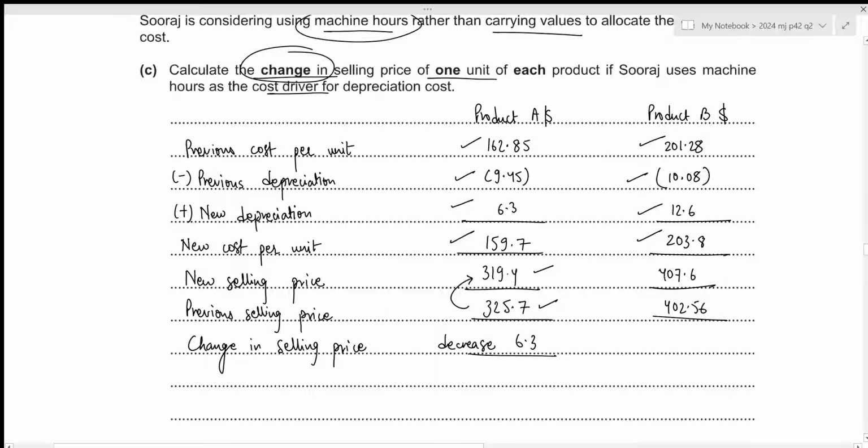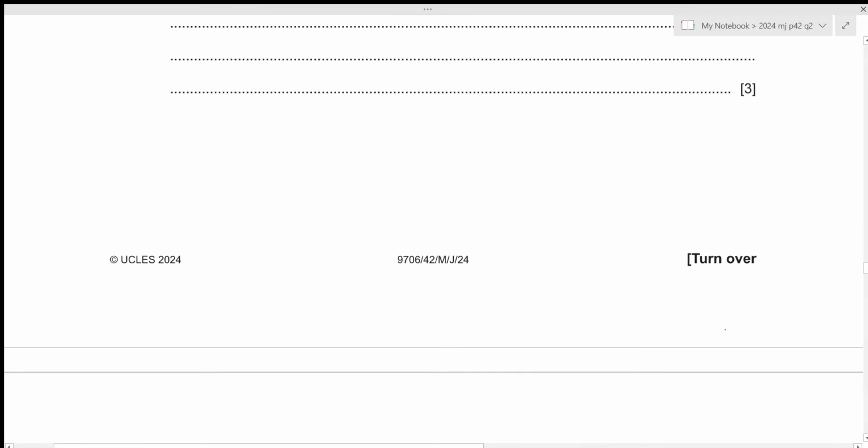Then we repeat the same process for product B. We can clearly see that the new selling price is higher, so there is an increase. And the increase is of the difference, so that is 407.6 minus 402.56, which is 5.04. That is all for the third part. Let's move towards the next one.